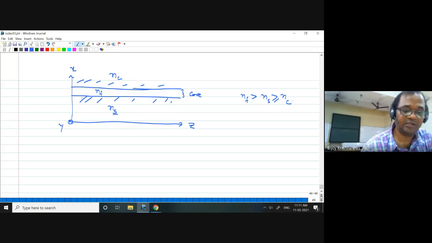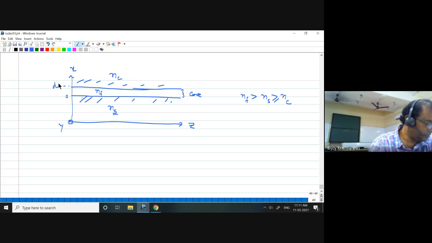This is the condition for guiding in a 1D waveguide, and this is your X equal to 0, and this coordinate you can consider as usual, maybe D or T. Now I would like to see whether we can directly solve guided modes from Maxwell's equations.